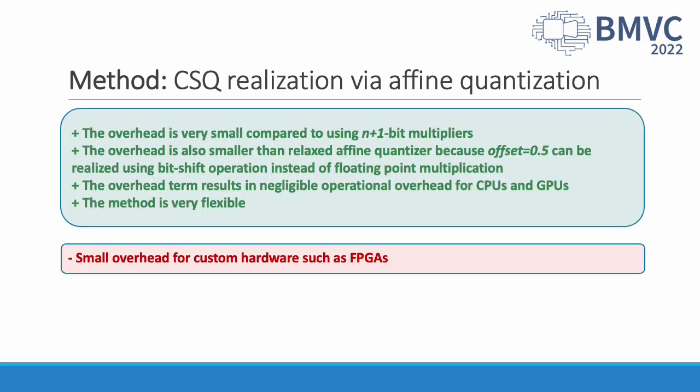This method has very small overhead compared to using n+1 bit multiplier, and also the overhead is negligible in terms of number of operations compared to the convolution operation. So the overhead is negligible for CPUs and GPUs, and the method can be used for any hardware using standard multipliers. However, it still results in some overhead for custom hardware such as FPGAs.